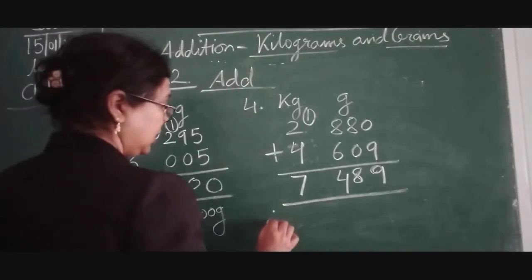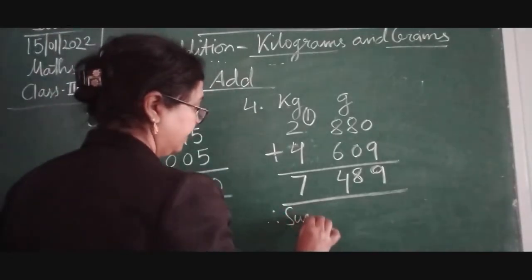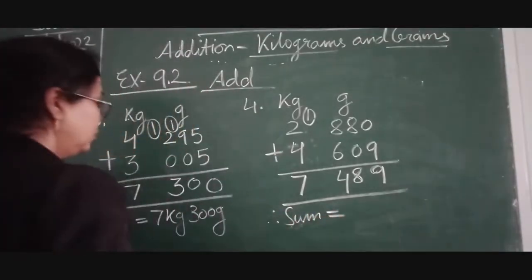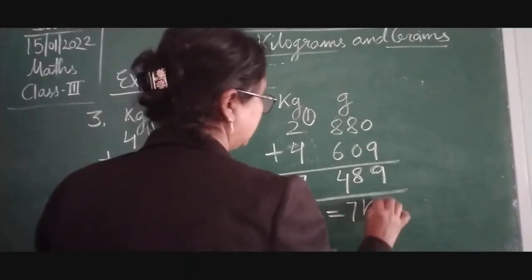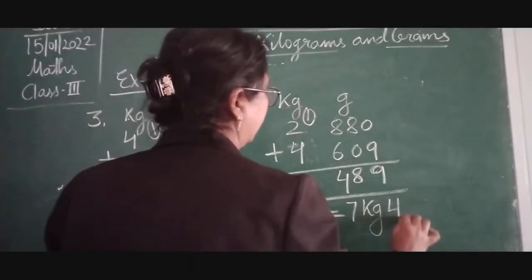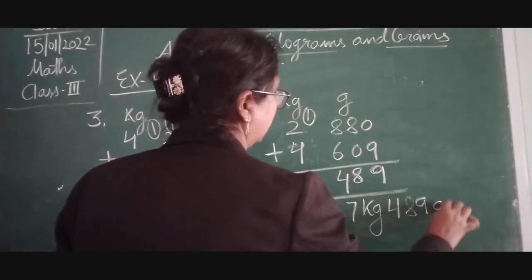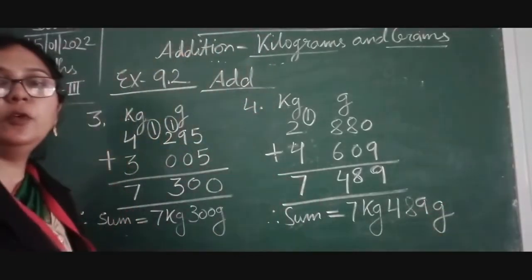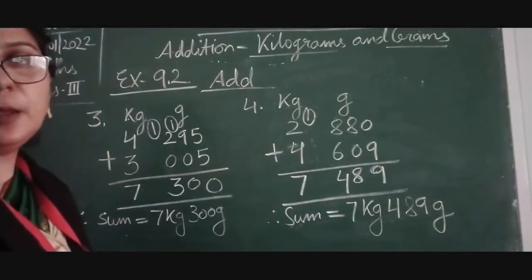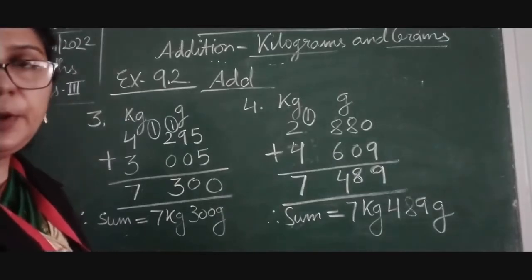So therefore sum equal to 7 kg 489 grams. So children, complete it.